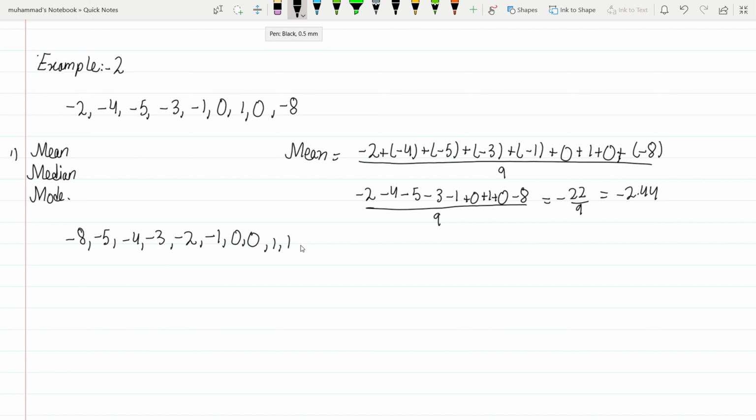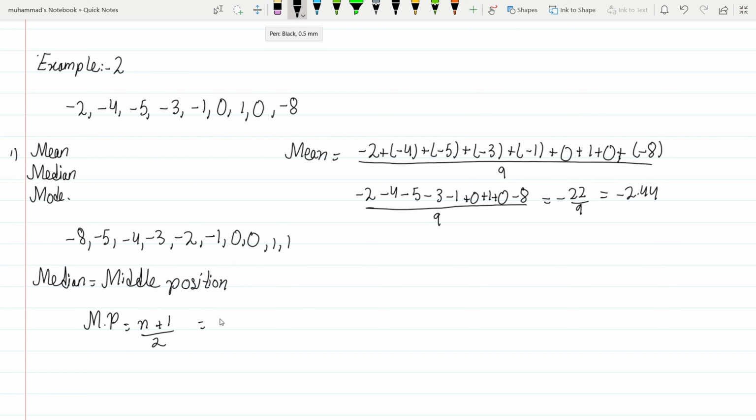Now the data is arranged. For the median, you have to find the middle position. First use the formula: middle position is n plus 1 divided by 2.